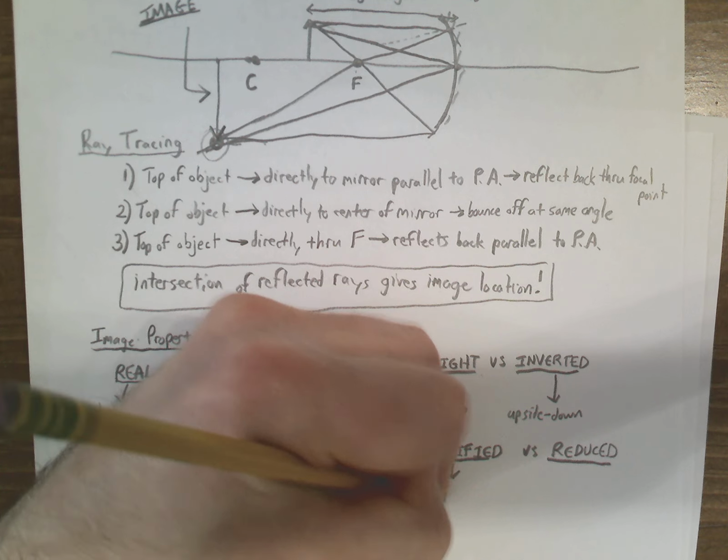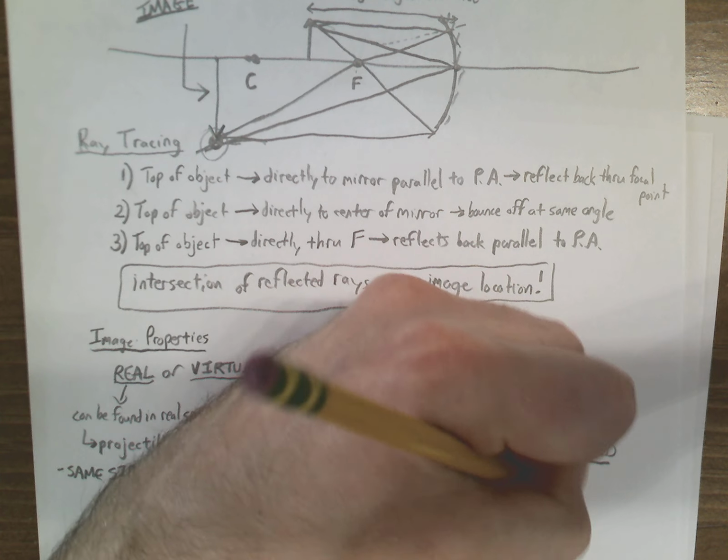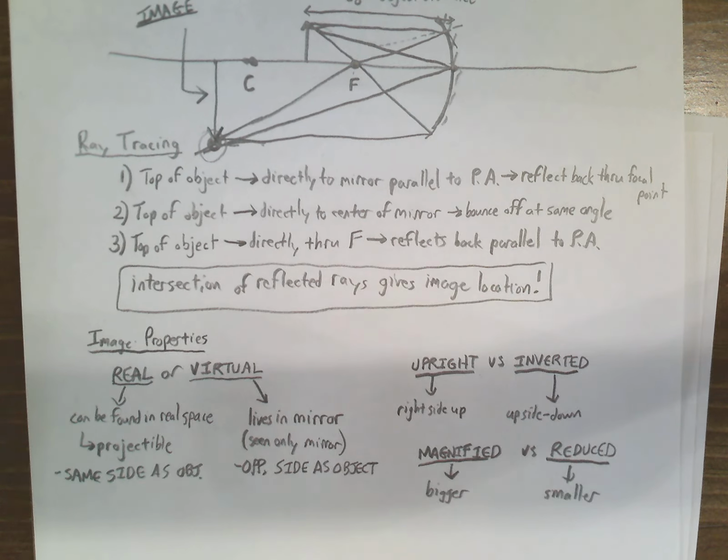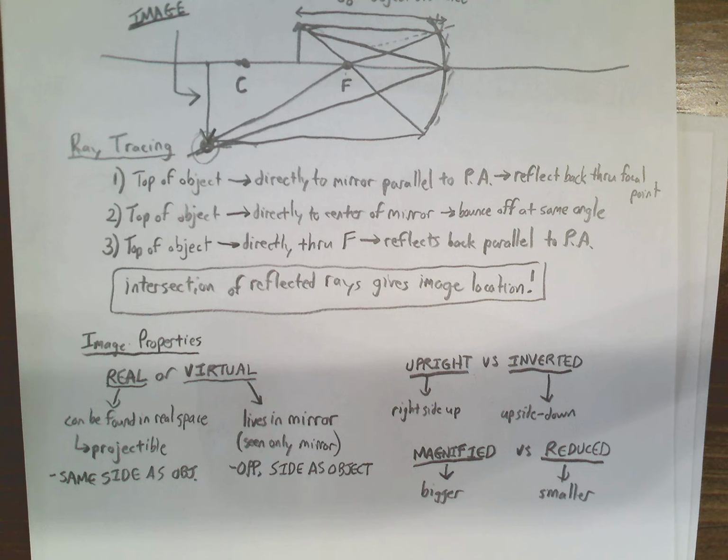Magnified means it got bigger. Reduced means it got smaller. There's always a possibility that your image could be the same size as your object. It looks like from the picture that we drew that my image is both taller and further away from the mirror than the object. So that means it's magnified. We would expect both of those to be true.